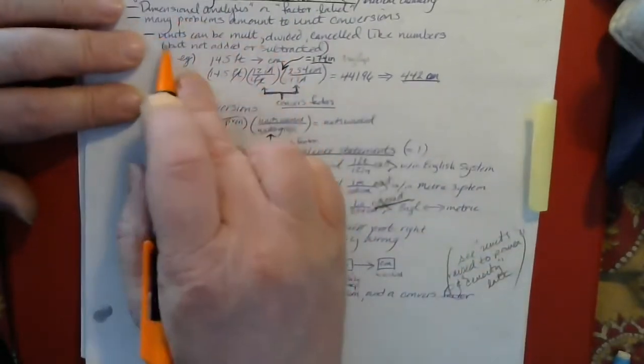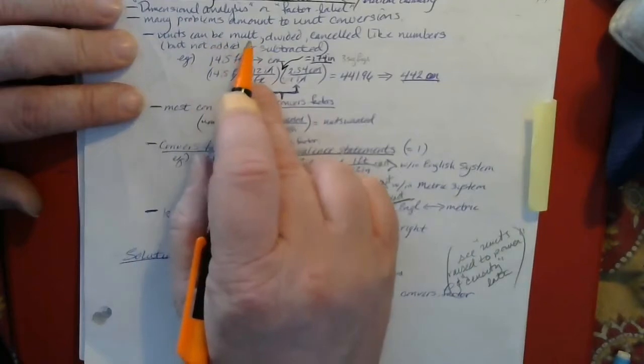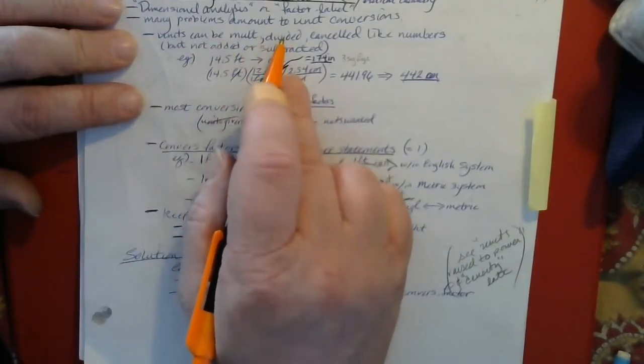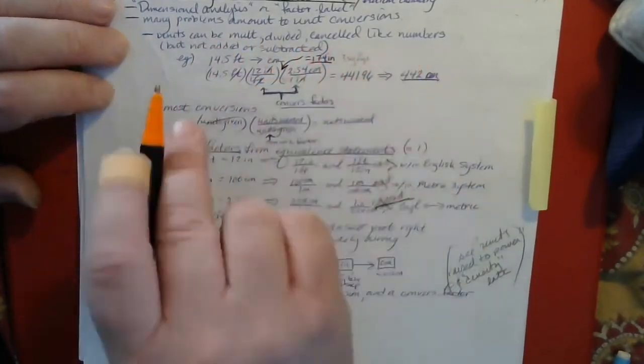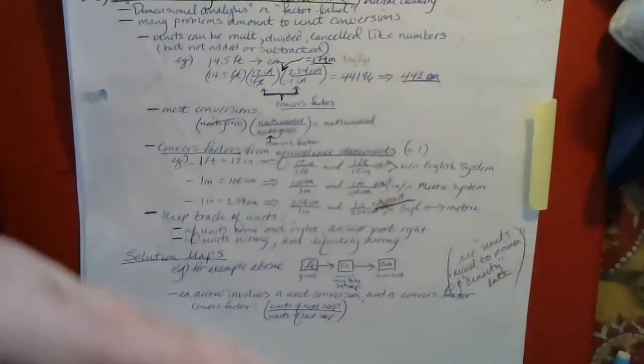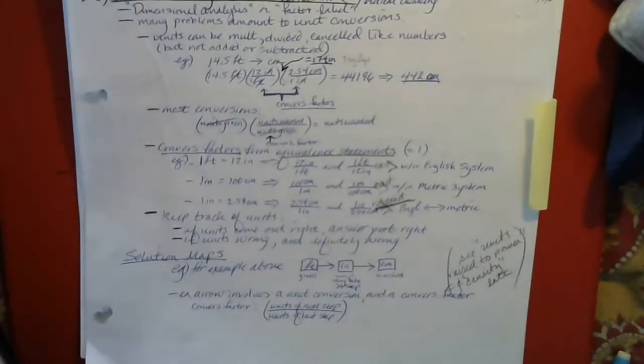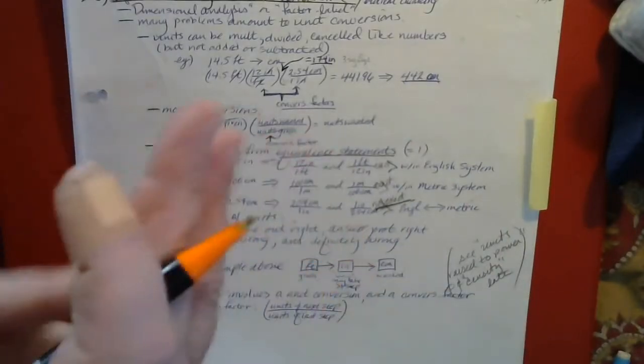Units, when you're doing mathematical stuff with them, can be multiplied and divided and canceled just like numbers. And they do the same kinds of things. So like if you take 2 times 2, you end up with 2 to the second power, or 4. Well, with units, it works kind of the same way.